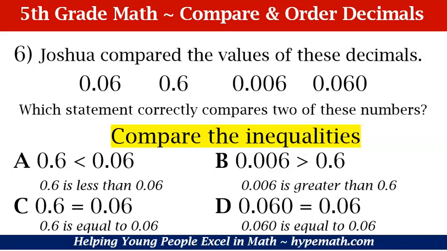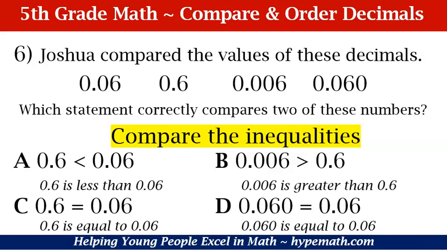What I want you to do is take time, and even if you need to pull out a sheet of paper, you can't just look at the numbers to decide which statement is correct. Take time to think about, do everything we talked about. Line up the place values, line up the numbers based on their places. Make sure the decimal point is in the same place.